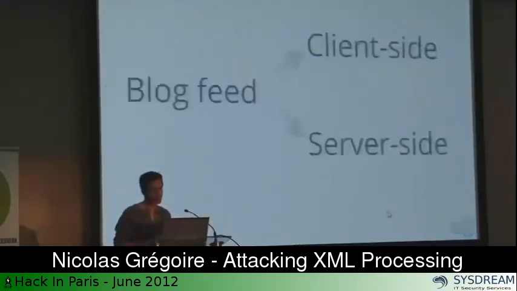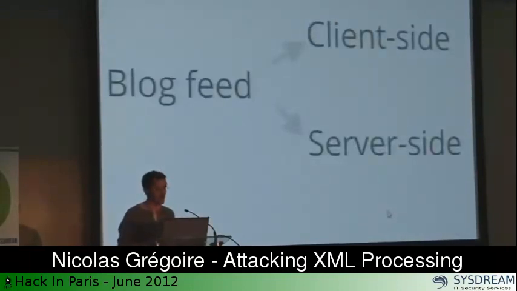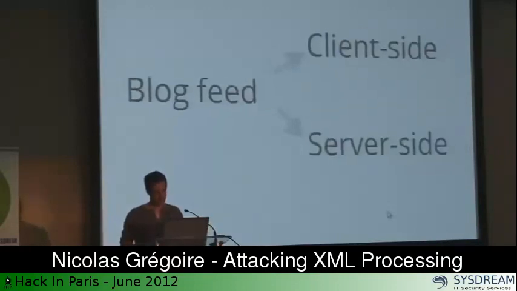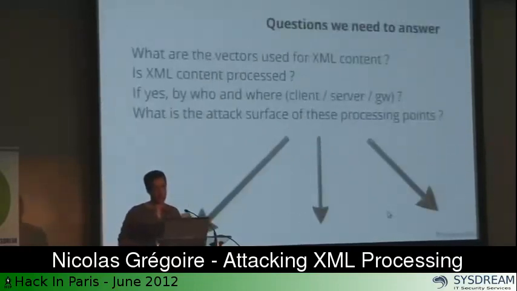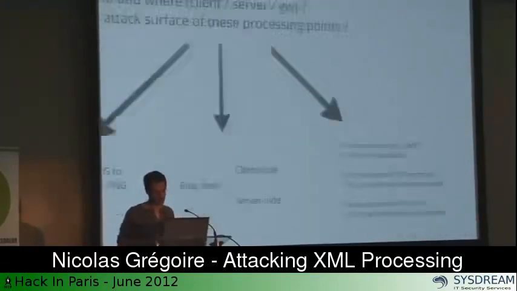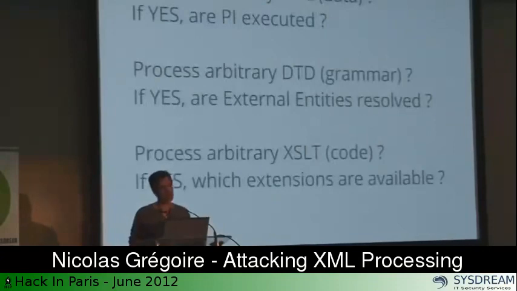A very classic example: if you are reading blog feeds, are you reading the feed locally on your own machine using your browser or dedicated software, or are you doing the processing on the server side, for example using an RSS feed integrated into your Google homepage? So it's an interesting question. And then you need to examine specifically the processing point you identified before. There is a bunch of questions to ask about data, grammar, and code.